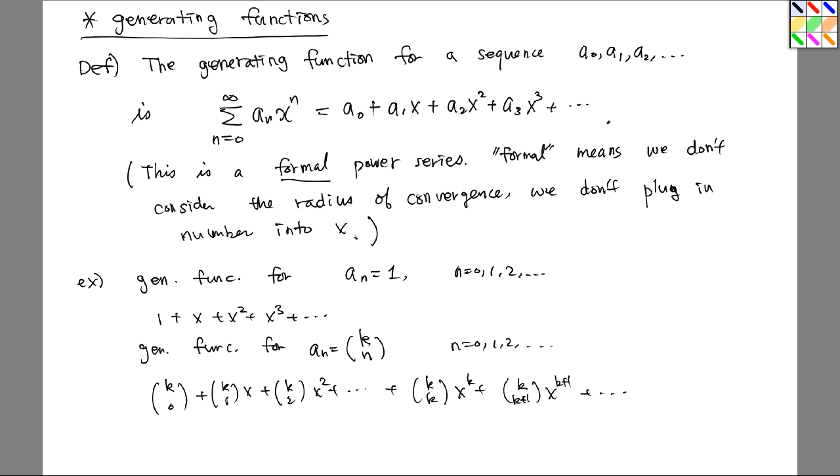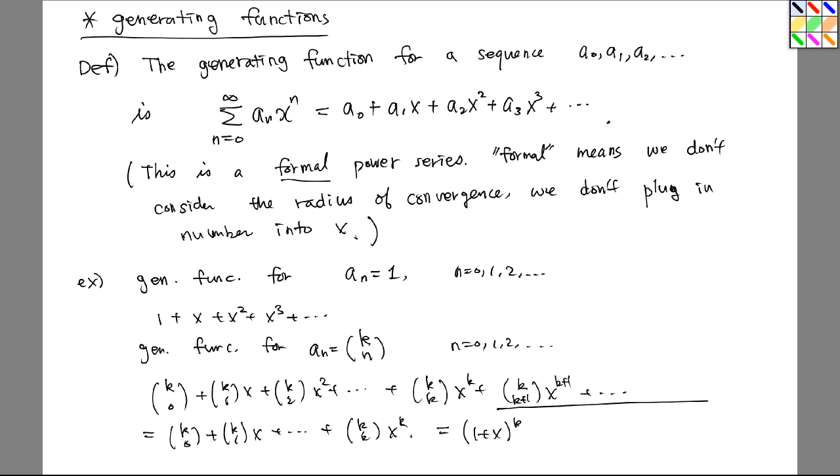But after the k plus 1 term, they are all 0. So it's equal to k choose 0 plus k choose 1 x up to k choose k x to the k. In this case, it just becomes a polynomial. And we know from the binomial theorem that this is (1 plus x) to the k. So this is a generating function for the binomial coefficients.